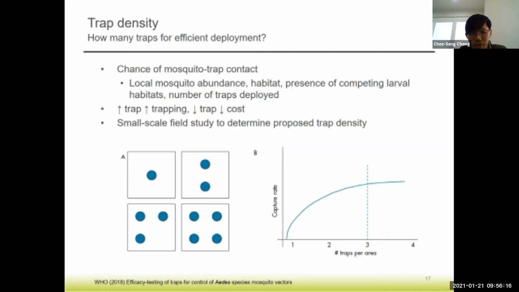It doesn't mean that you have three out there, but you have the sticky trap that directly captures the female. In a sense, it's quite different in terms of the population itself.